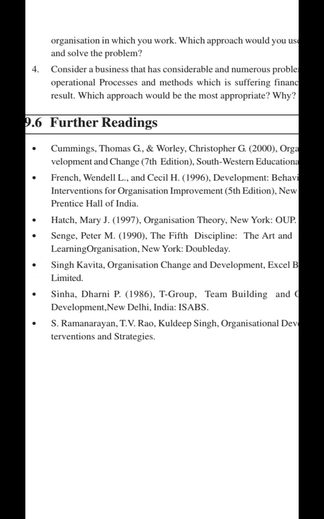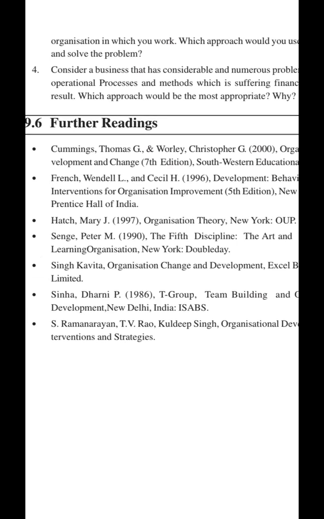Which approach will be the most appropriate? Why? Further reading.